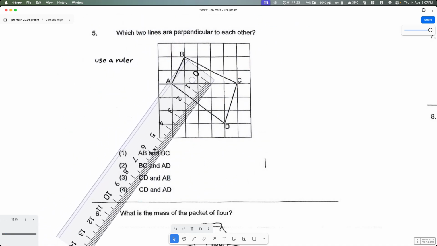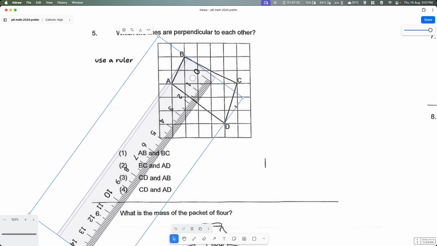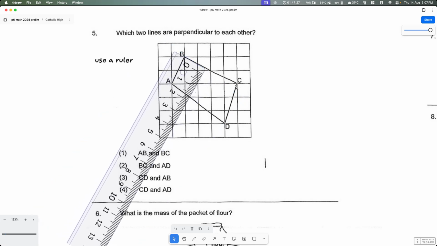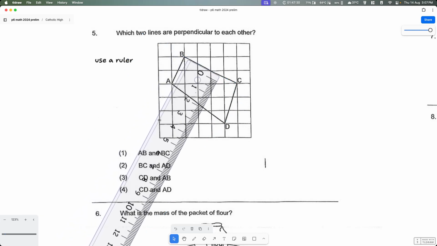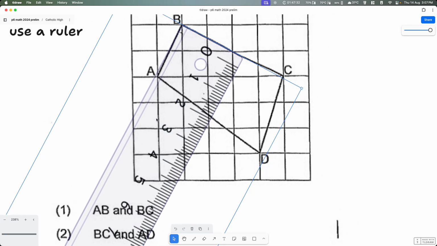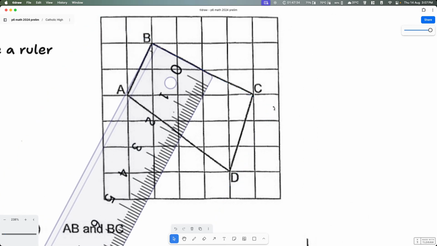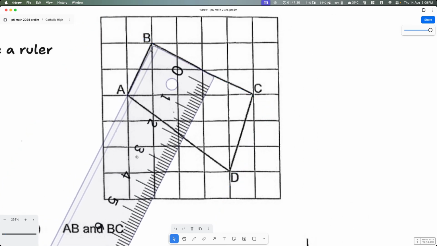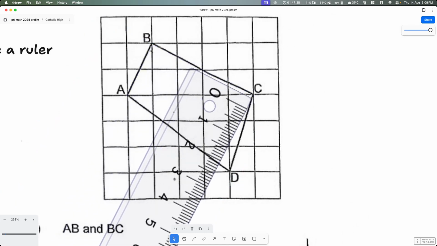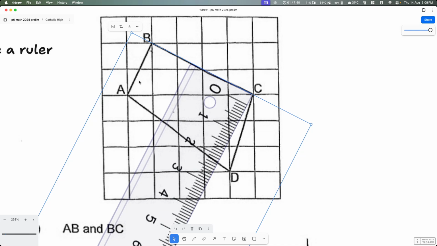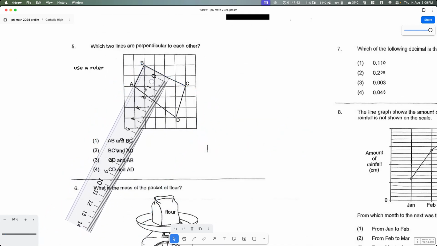I believe this is also true to size, kind of. Is AB perpendicular? Need to zoom in quite a bit. Yeah, AB and BC, see this? So in this case, ABC is perpendicular, which is amazing.